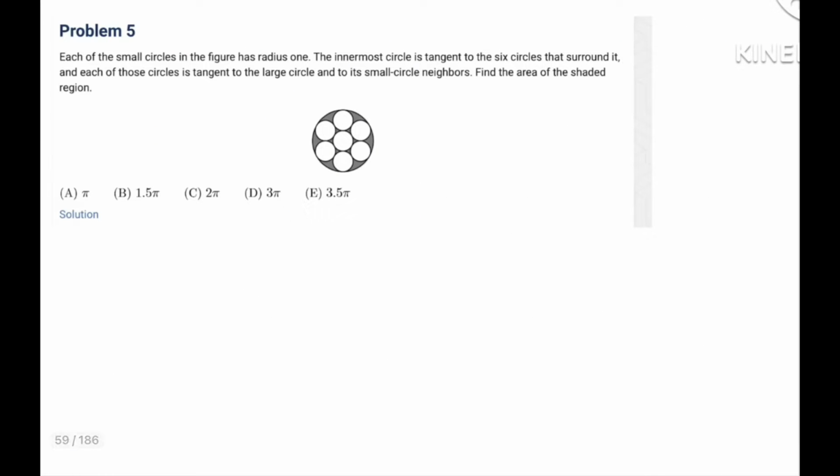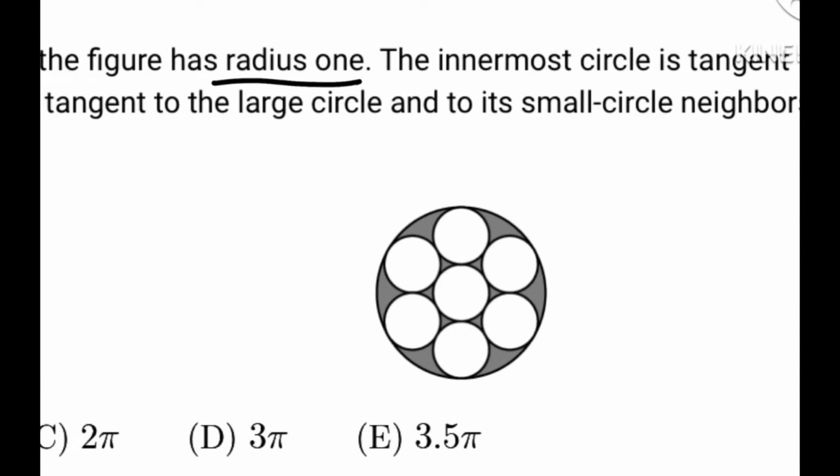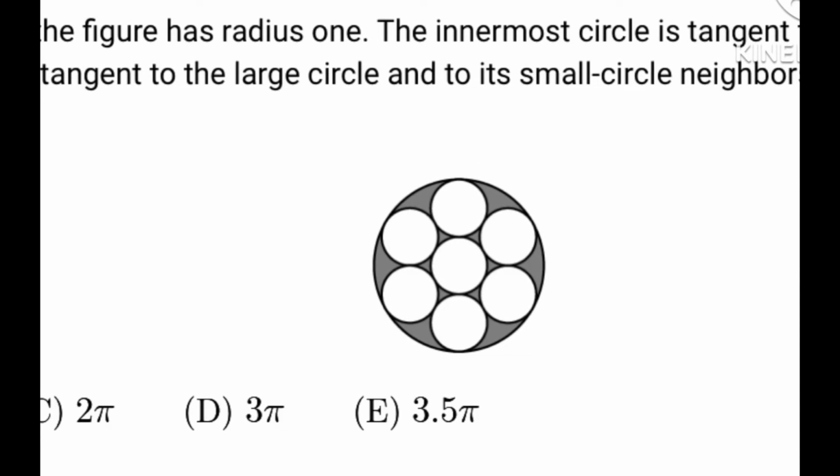Problem number 5. Each of the small circles in the figure has radius 1. The innermost circle is tangent to the 6 circles that surround it, and each of those circles is tangent to the large circle and to its small circle neighbors. Find the area of the shaded region. Okay, so if we see this, it says that it has radius 1, right? So the radius of the big, outermost circle would be 3, right?